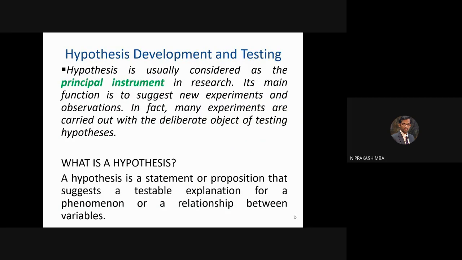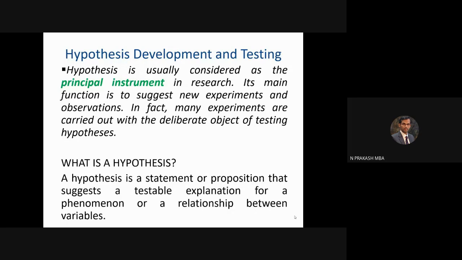You all know what is meant by hypothesis. A hypothesis is a simple instrument used in research for making an assumption between the variables. So we create a statement, and that statement will explain the relationship between the variables.